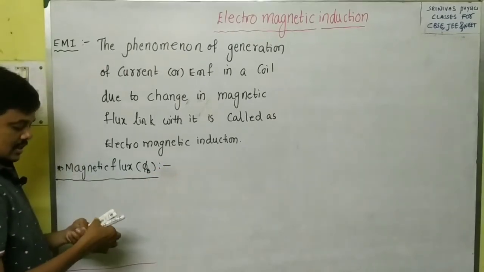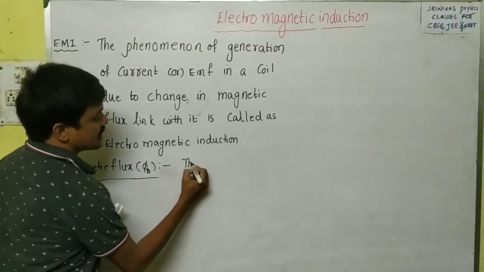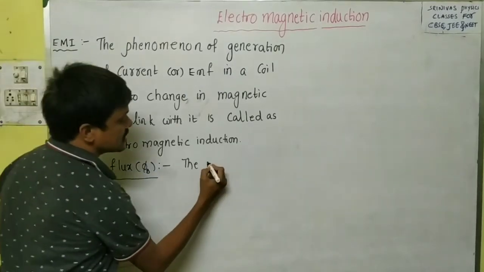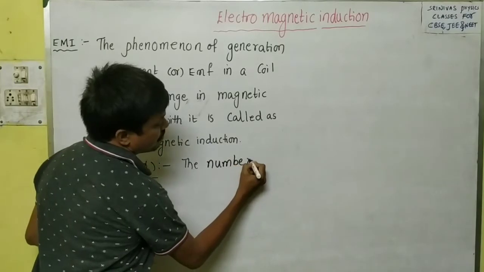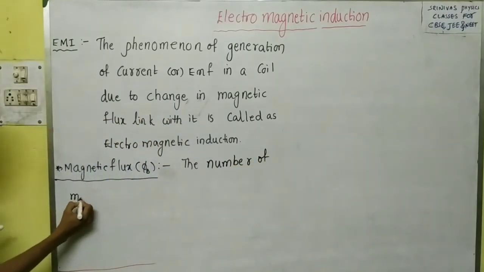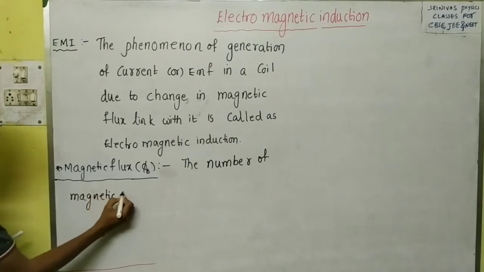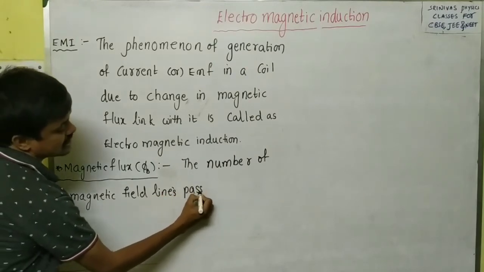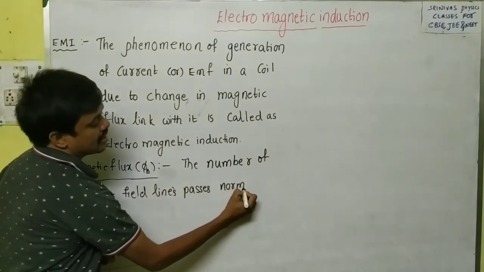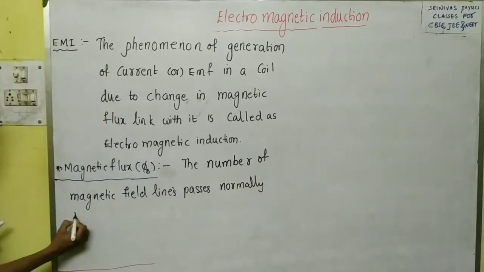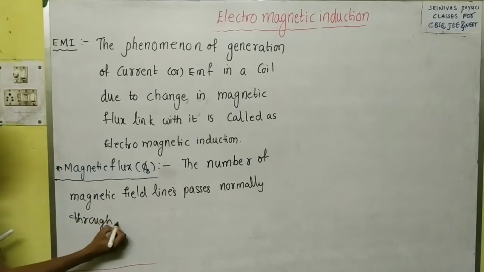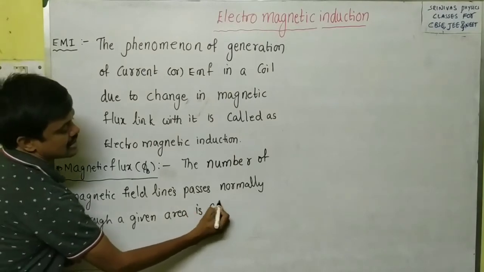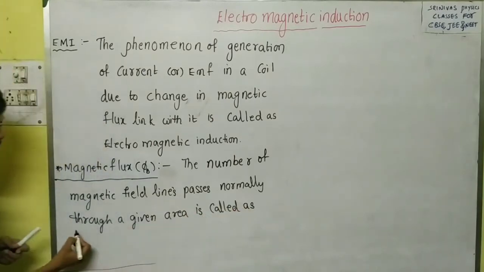The definition: the number of magnetic field lines passing normally through a given area is called magnetic flux.